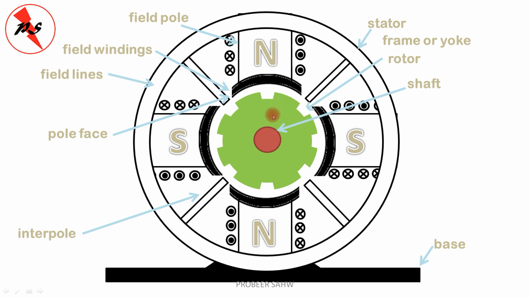Now we have to place the armature winding on the rotor. Therefore we create slots on the outer periphery of the rotor. So this was the rotor, supported by the shaft, which is a long single solid forging, cylindrical in shape, and to accommodate armature windings we create slots on the outer periphery of this rotor.